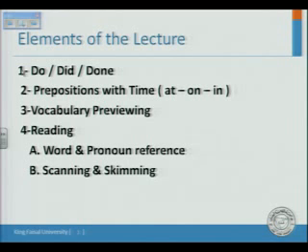Then we will try to preview some important words that are required in this course. And finally, we will analyze a reading passage, focusing on word or pronoun reference, and then scan and skim some information in the reading paragraph. Okay.